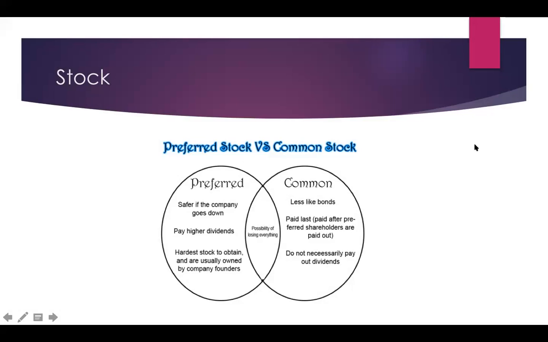All right, so now that we're back here, just a couple other things to add to the discussion on preferred versus common stock. It's important to remember that preferred stockholders are paid out first. So if a company decides to issue any dividends or anything like that, until the preferred stockholders get their share, a common stockholder will never be paid out anything.